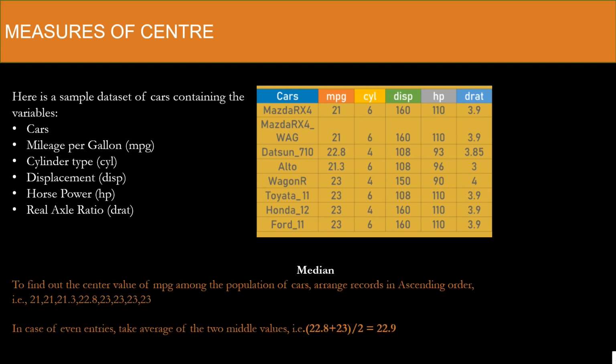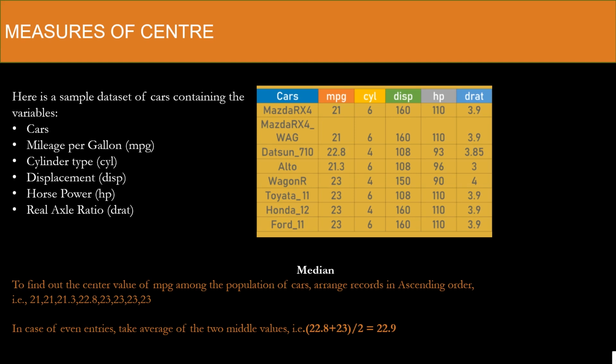In this case, since we have 8 values, which is an even number of entries, whenever you have an even number of data points in your data set, you are going to take the average of the two middle values. If we had 9 values over here, we could easily figure out the middle value and choose that as the median.